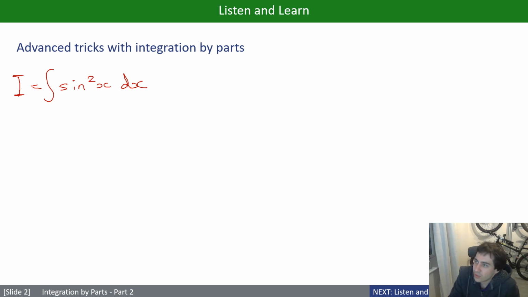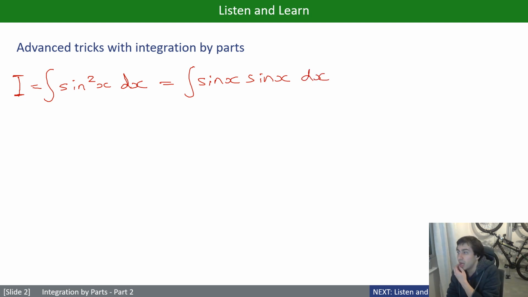Now we're going to use integration by parts, which means we need to turn it into a product. This comes to be a product quite naturally, right? It's sine x times sine x. If we're going to use integration by parts, which one's u and which one's v dash, or dv dx, doesn't matter, because they're the same thing. So no confusion there.